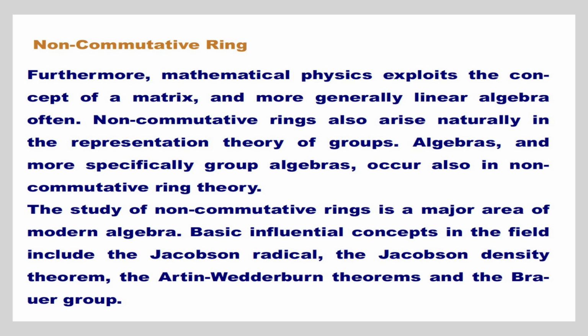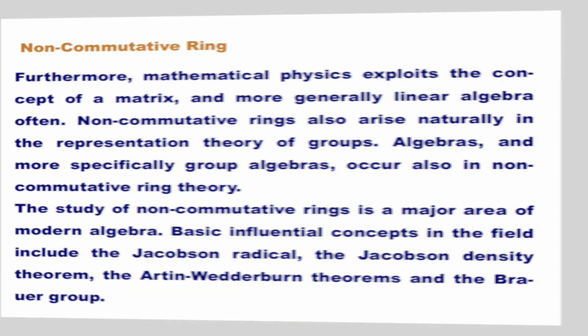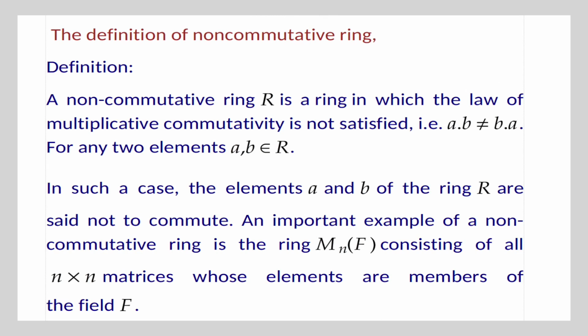The study of non-commutative rings is a major area of modern algebra. Basic influential concepts in the field include the Jacobson radical, the Jacobson density theorem, the Artin-Wedderburn theorems and the Brauer group. Let us see the definition of non-commutative ring.